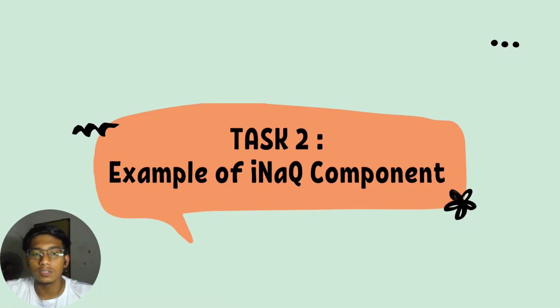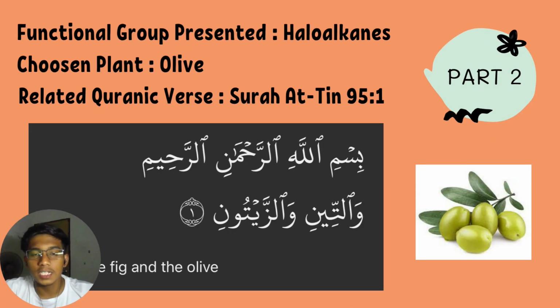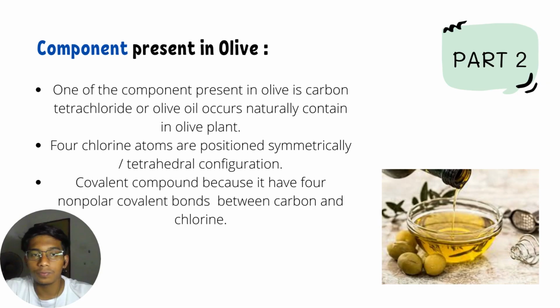Okay, for task 2, an example of an inert component. The functional group present is haloalkanes. The chosen plant is olive and the related Quranic verse is Surah At-Tin 95:1. Bismillahirrahmanirrahim. Wat-tini waz-zaitun, and it is regarding the olive.